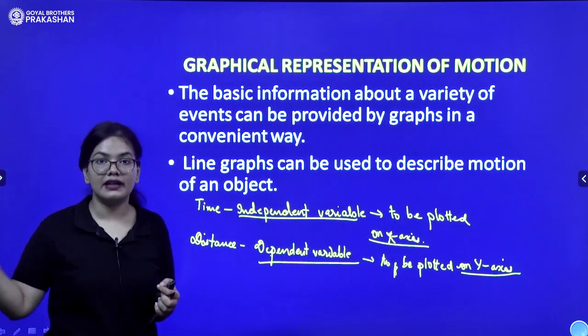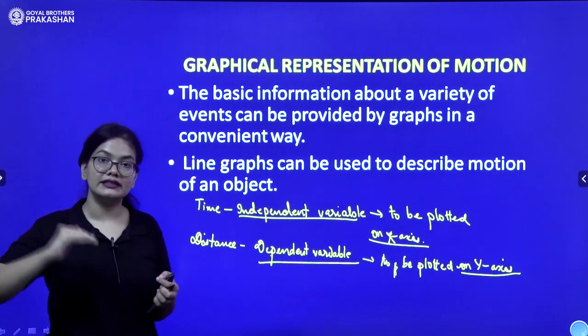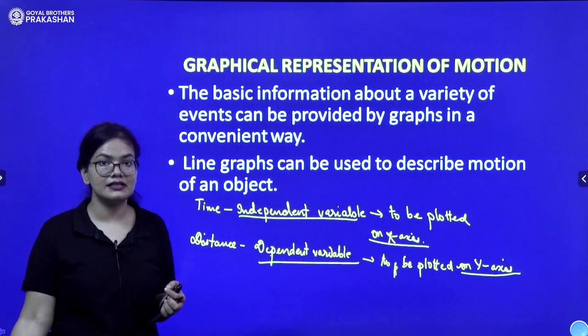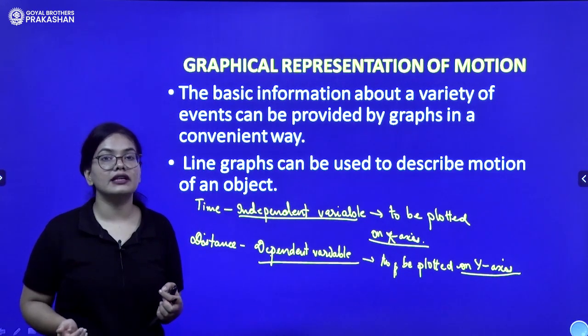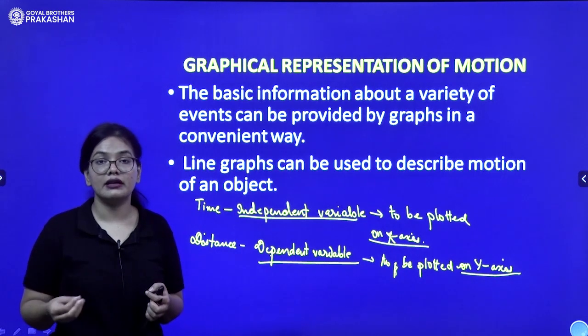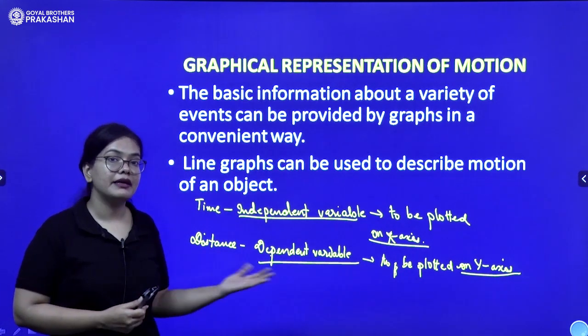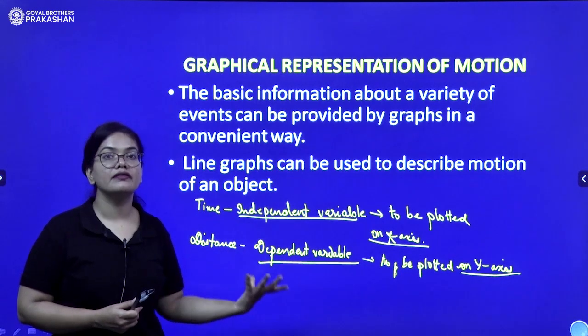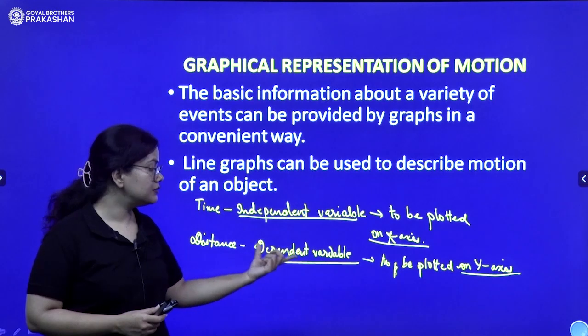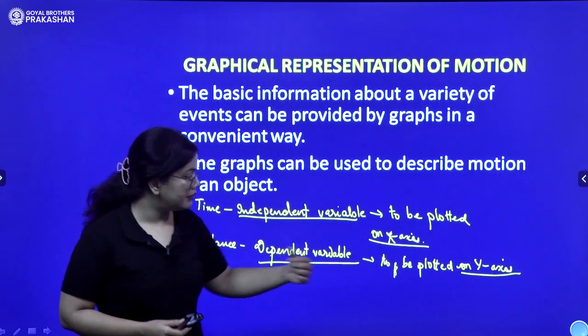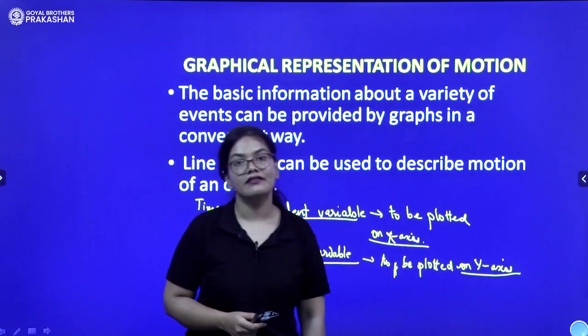With the increase of time, if the car is moving, the distance travelled by the car will increase. Therefore, distance depends upon time, that is, at what time you are measuring the distance. It will be more if the time is more in the case of a moving car. So that's why this becomes the dependent variable, and always remember, the dependent variable is plotted on the y-axis.